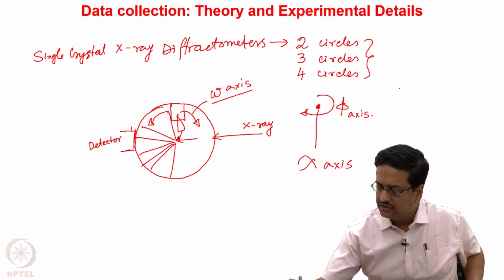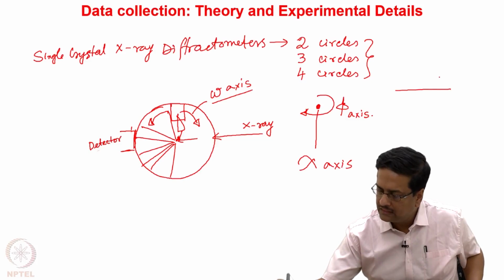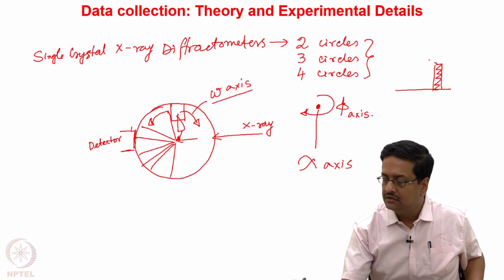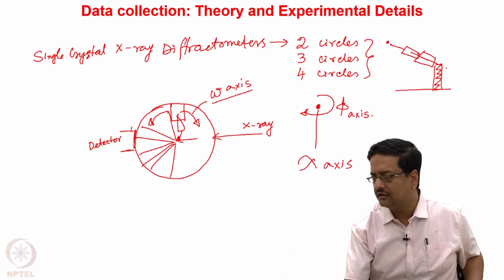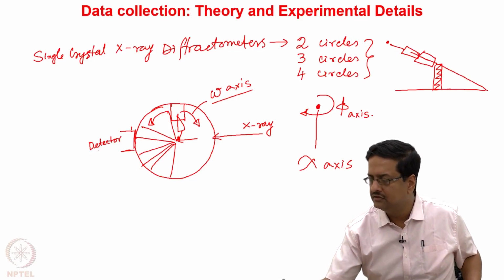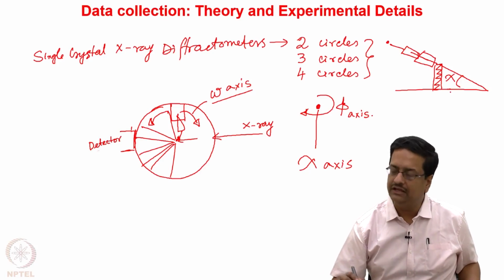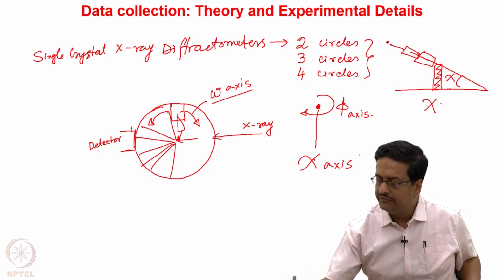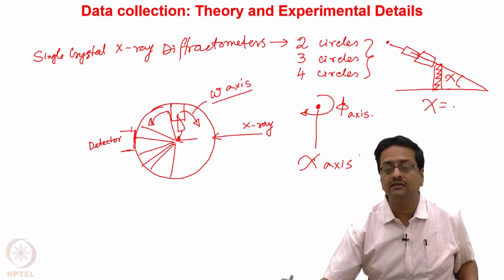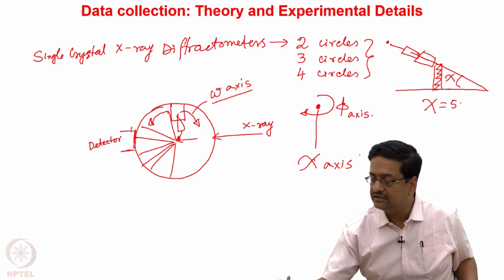If this is the base, this is the goniometer holder, and on this you have a goniometer placed and the crystal mounted. This attachment makes an angle chi with the omega base, and this chi is fixed in case of a 2 circle or 3 circle diffractometer to a magic angle of 54.74 degrees.